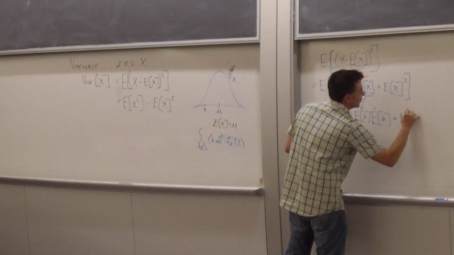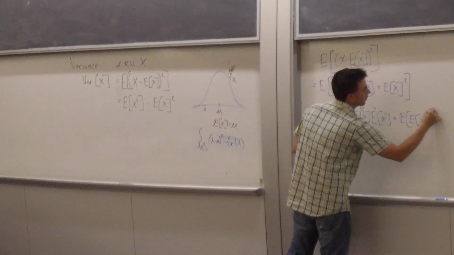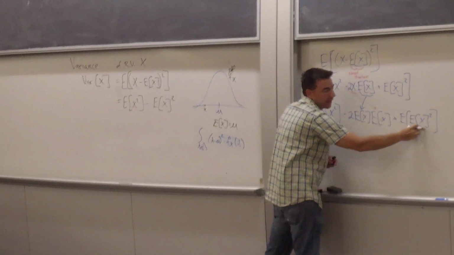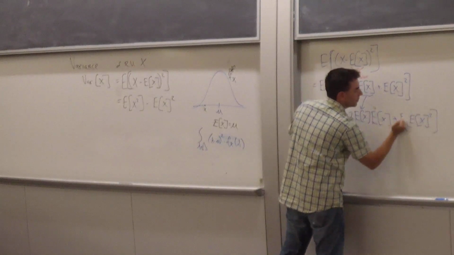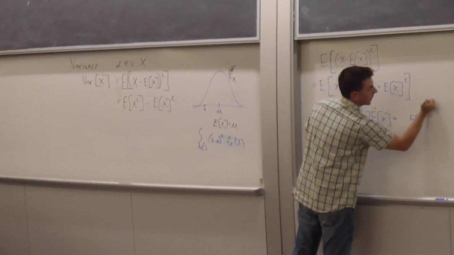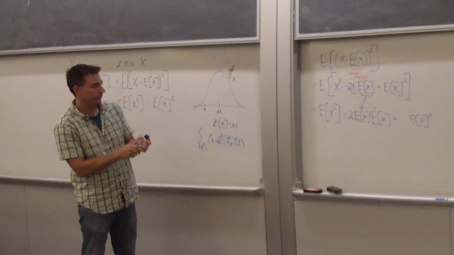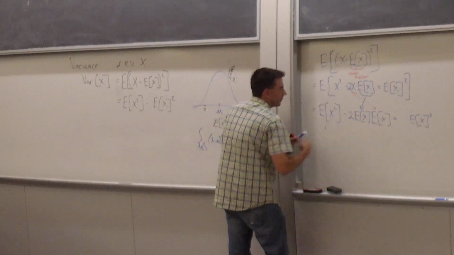Plus the last term: the expected value of x is a scalar, and if I square it, it's still a constant scalar, so the expectation pulls out. Now I just simplify.